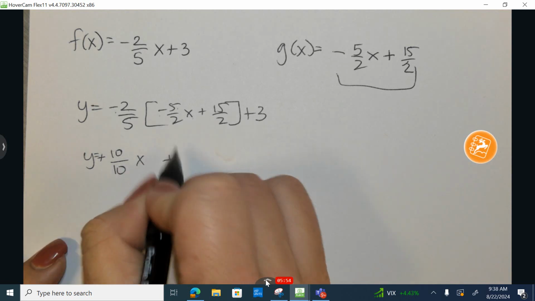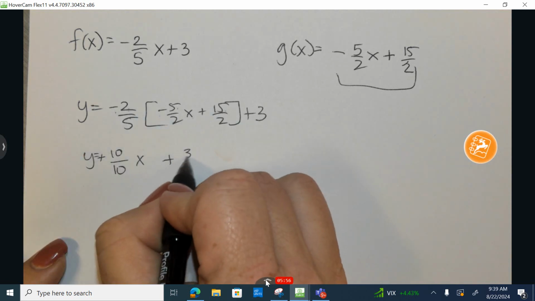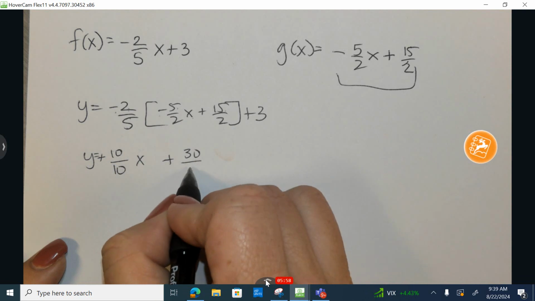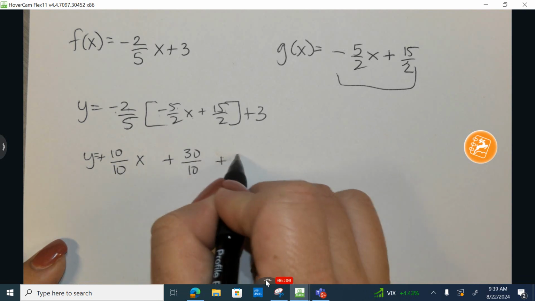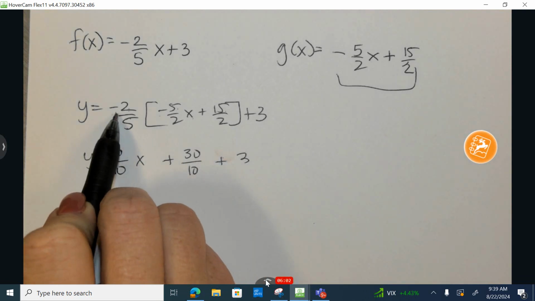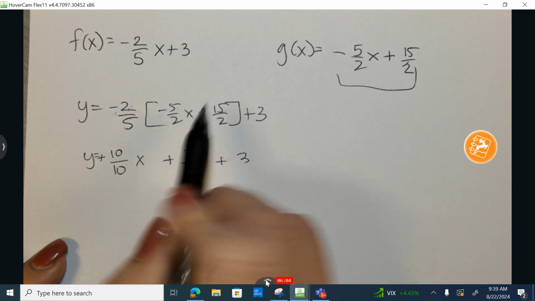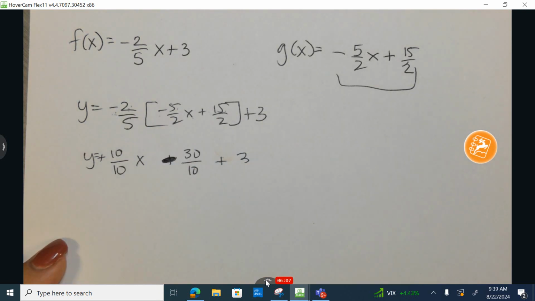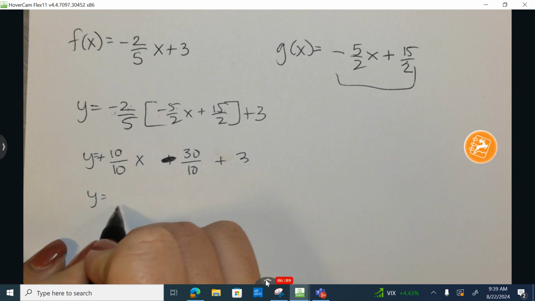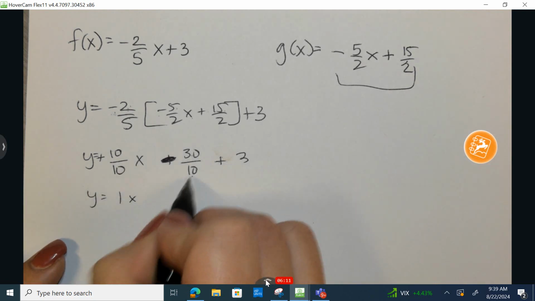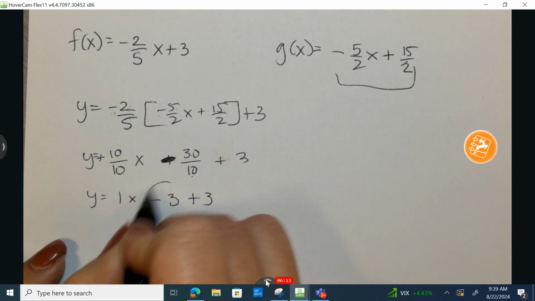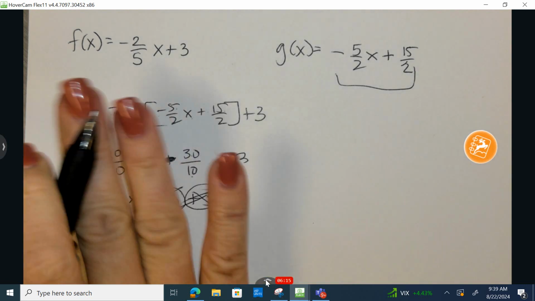Bring down the x. 2 times 15, 5 times 2. Now there's a negative here. Notice a negative times a positive is a negative. 10 divided by 10 is 1. 30 divided by 10 is 3. We have additive inverses. I'm showing all of my work.